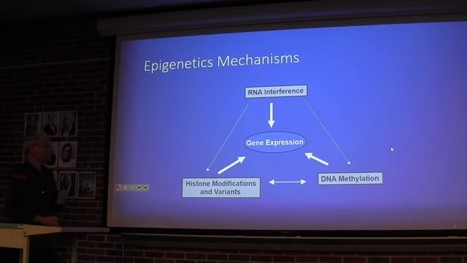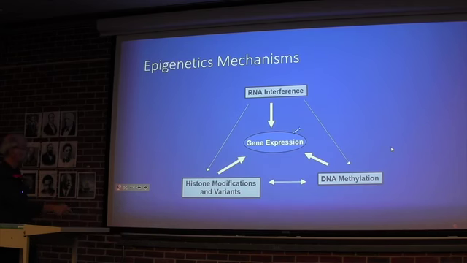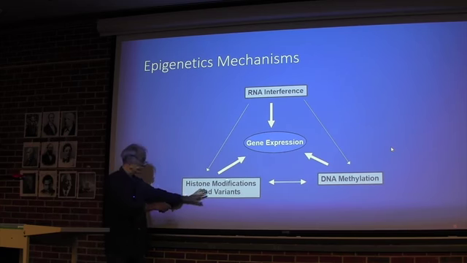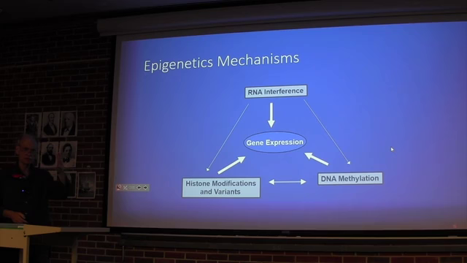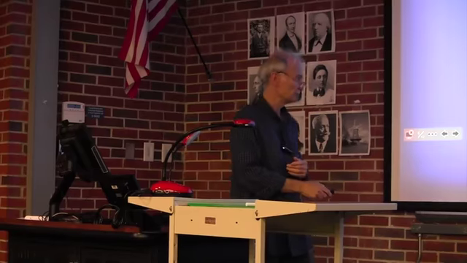This is an overview of what we mean by the different kinds of epigenetic control. Everything is related to gene expression. Histone modifications and variants. Those modifications to the histone tails, there are mechanisms in place that allow them to survive DNA replication, which means they can survive simple mitotic cell division. Transcriptional memory is what it's called.